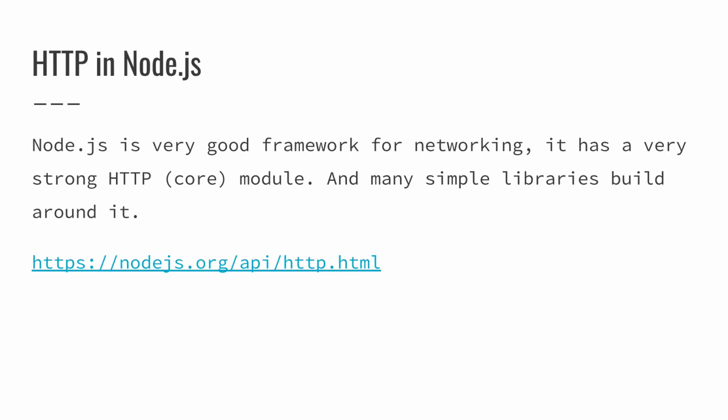Let's remember that the core of Node comes from a browser, which is a client and is meant to be a network application. So Node inherits all the good things about the V8 engine in Chrome. Therefore, it's really, really good at networking, and has a very strong HTTP core module.